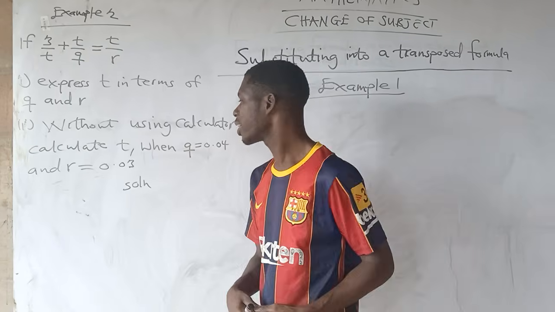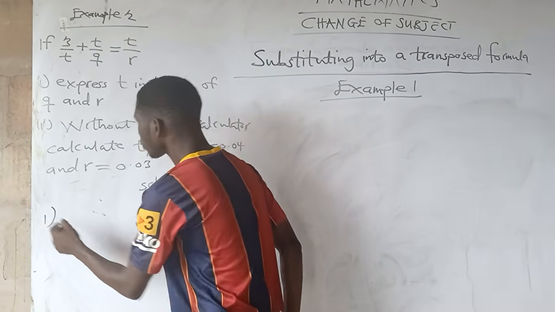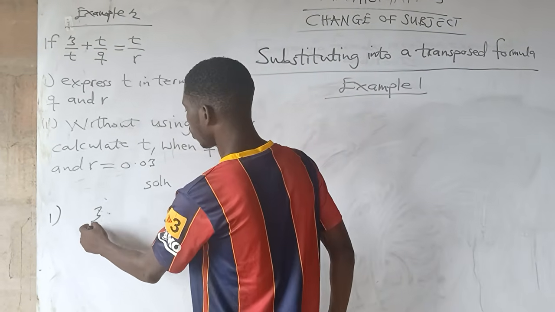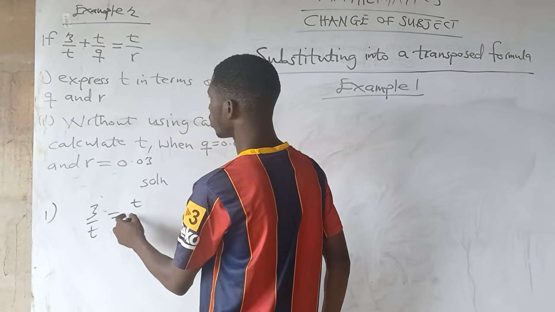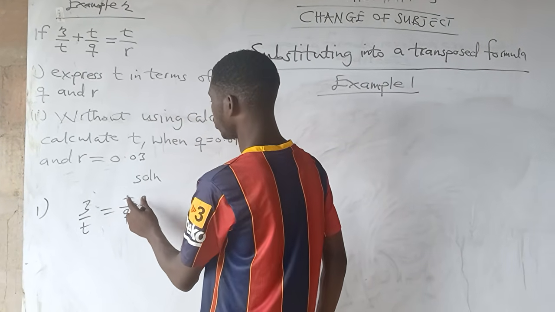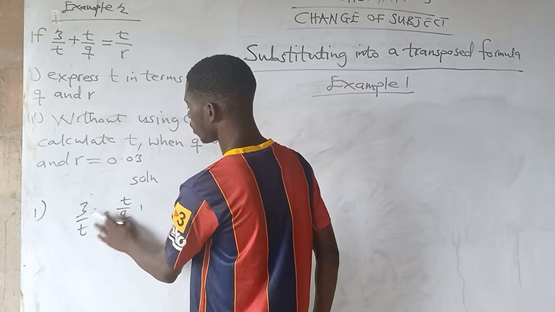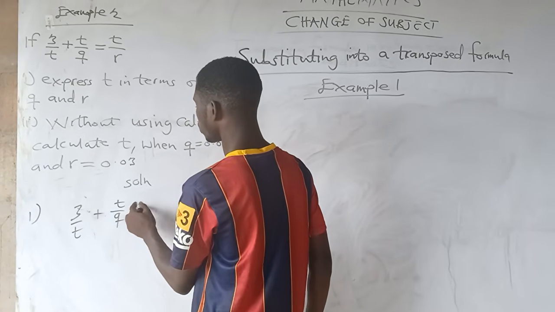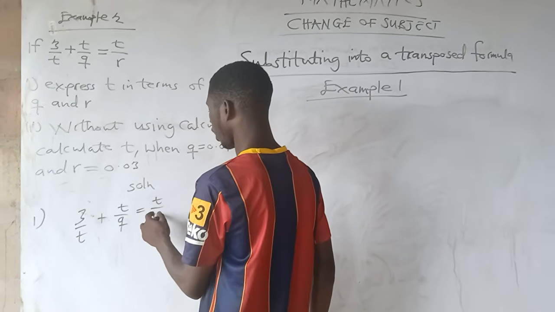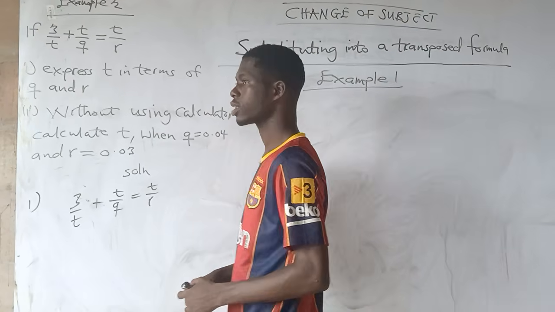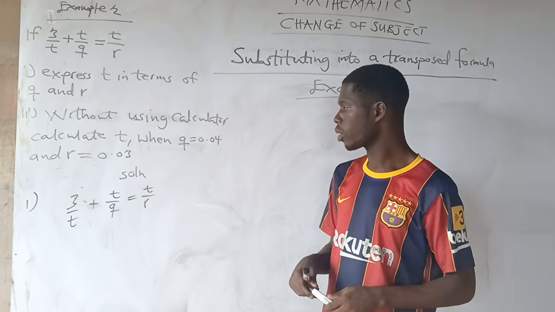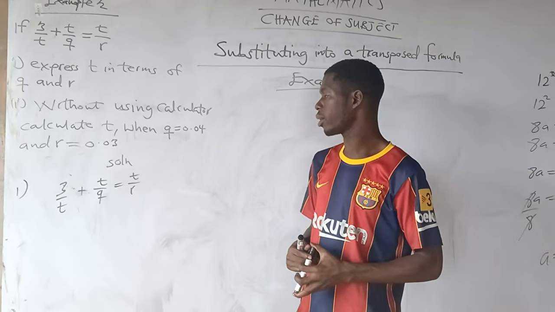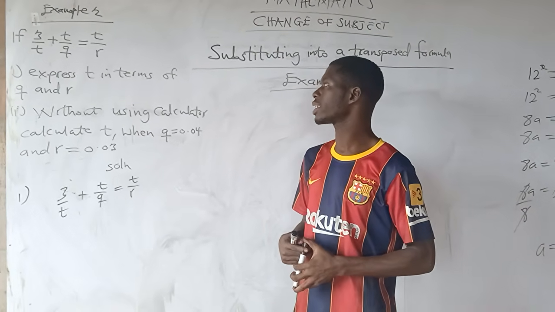So we have 3 over t plus t over q is equal to t over r. We are making t the subject.